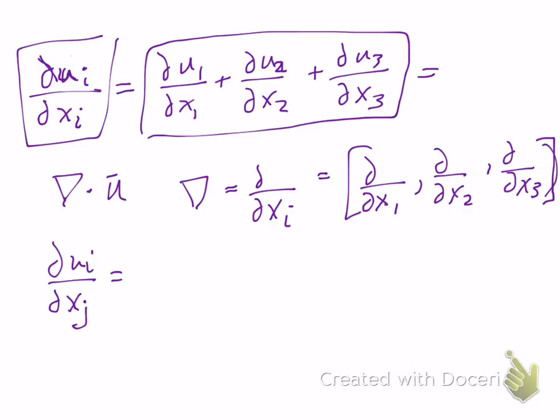Here we have a separate u and a separate i and a separate j. So are we summing over this or not? No, so what is this going to look like here? It's going to be a tensor.